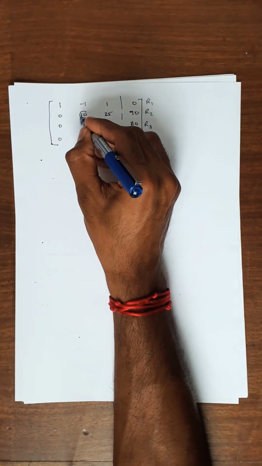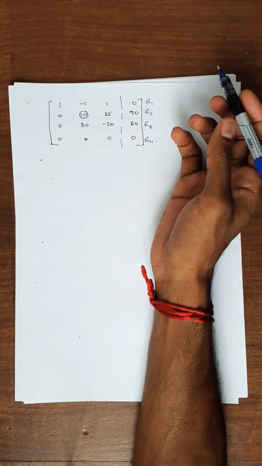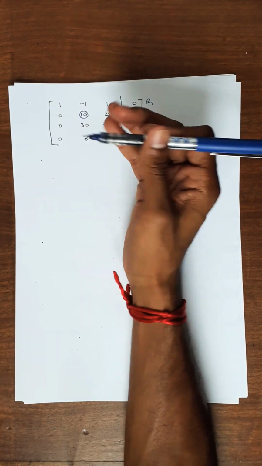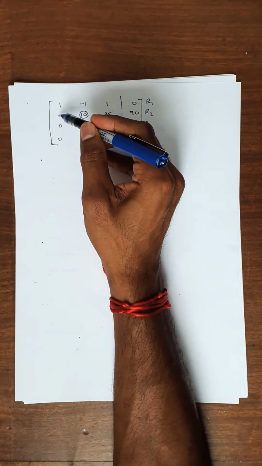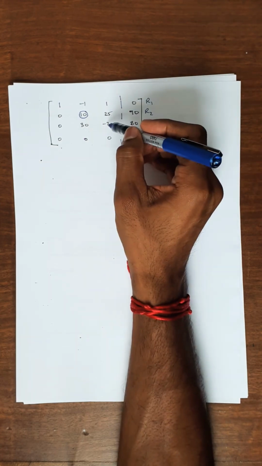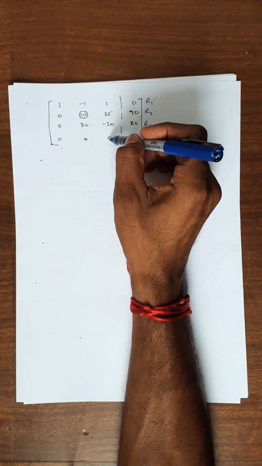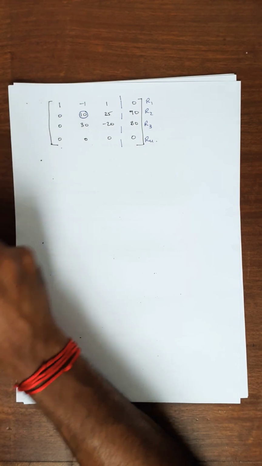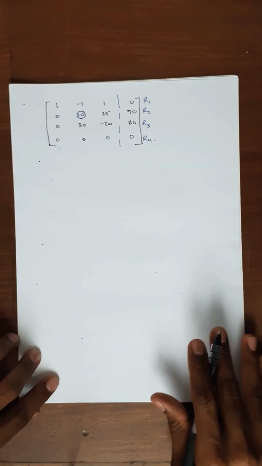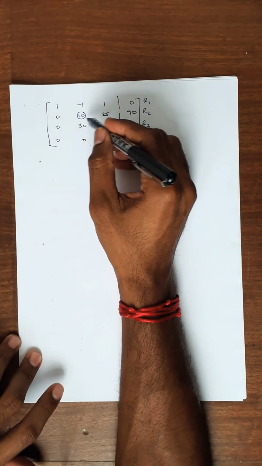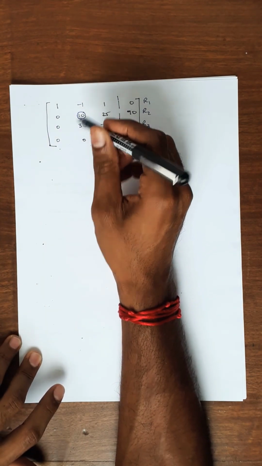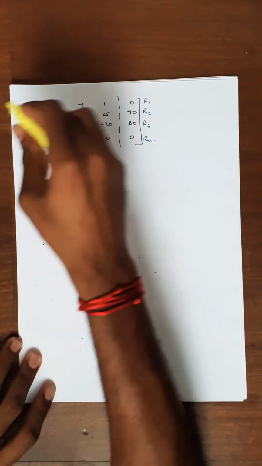Now 10 is going to be your pivot. The pivot is the value that you have in your diagonal, and this is in order. You work with the first pivot, have all these values 0, then the second pivot, have all these values 0, and if needed, this pivot here have this value be 0, and then you are done. Now I need the 30 below my pivot 10 to be equal to 0. This is my aim now.